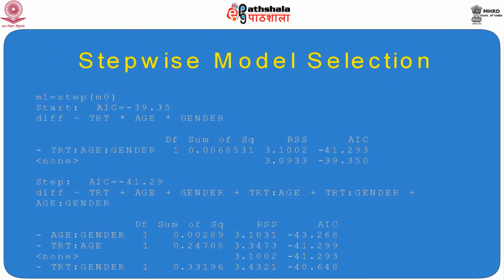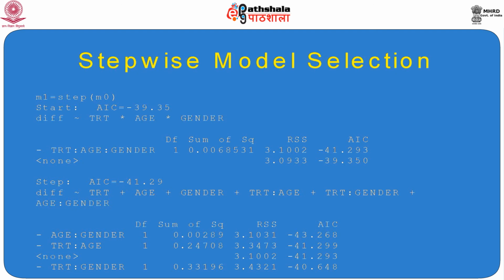Now we will go for another, stepwise model selection procedure. A model can be selected in different ways; here we are going for AIC, which stands for Akaike information criterion, written as M1 equals step of M0. When we call this, we automatically get the AIC value of the model as 39.35.